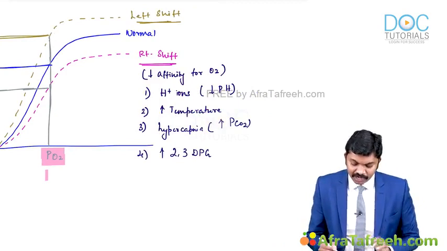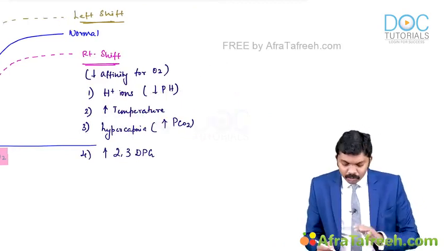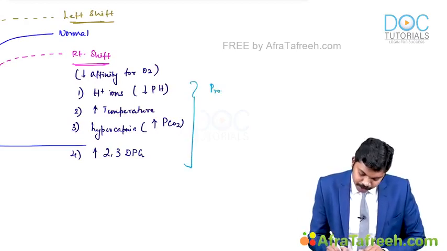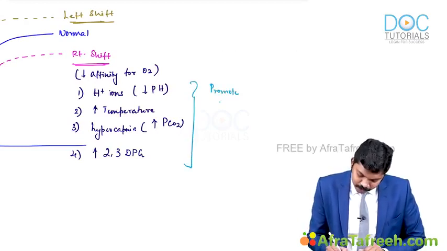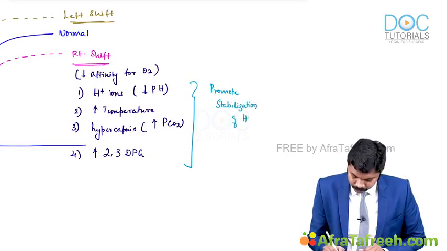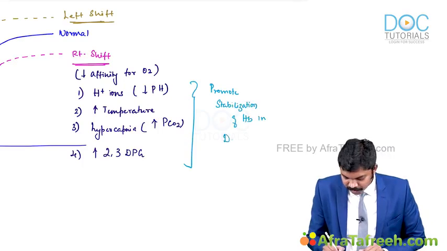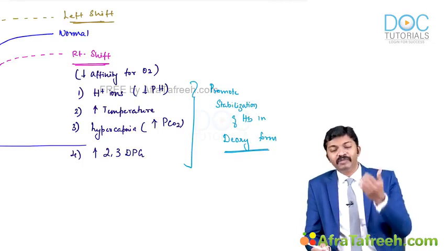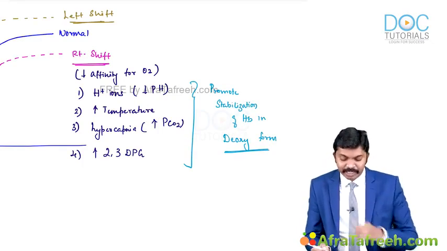So these are the factors that shift the curve to the right. Now, simply stating, doctors, all these factors promote stabilization of hemoglobin in deoxy form itself. So the conversion of hemoglobin into oxyhemoglobin will be prevented or inhibited by these factors.